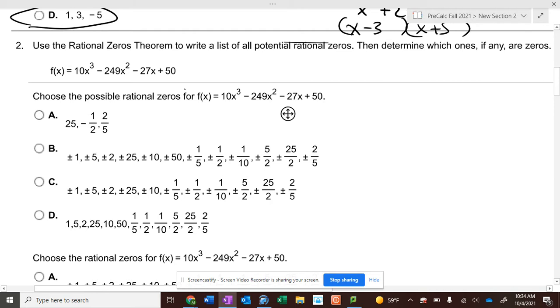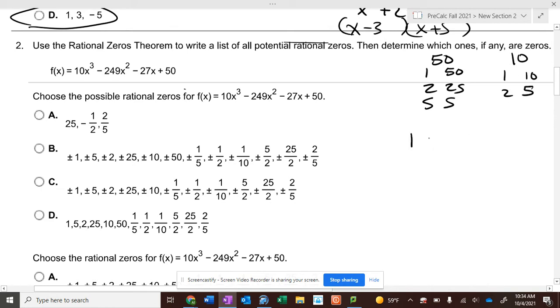For this one, the factors of 50. Factors of 50 are 1 and 50, 2 and 25, 5 and 10. Factors of 10 are 1 and 10, and 2 and 5.